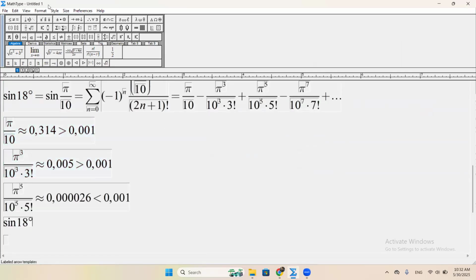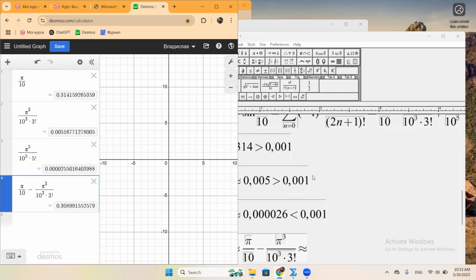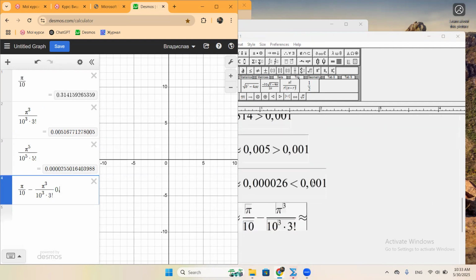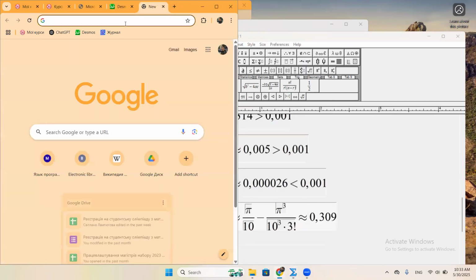So we will use the sum of these terms. And approximately it will be equal to the following value. So pi over 10 minus this value. And we received 0.309. And now let's calculate it in an online calculator.